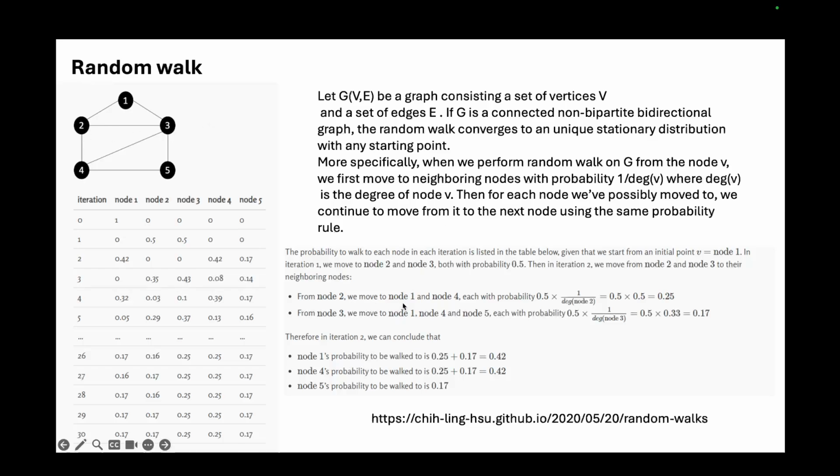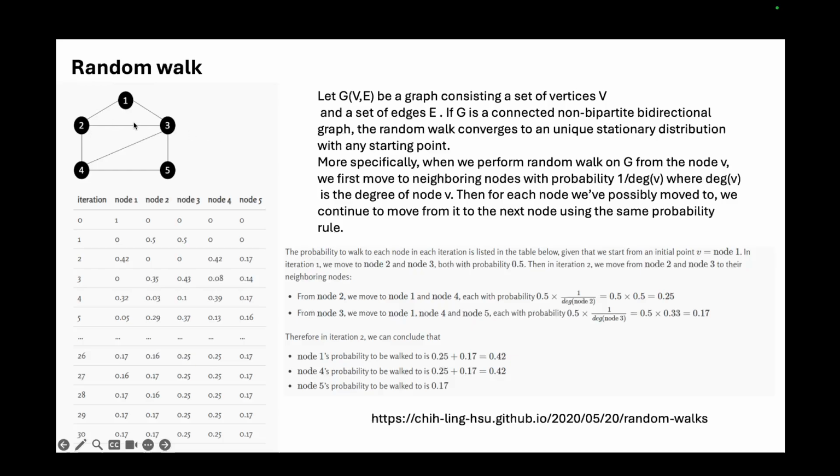So for node 2 we can move to node 1 and node 4 each with a probability of 0.5, which is 1 by the degree of the node. So there are two possibilities here, right? From 2 you can move to 4 or 1 directly, and 3 as well.